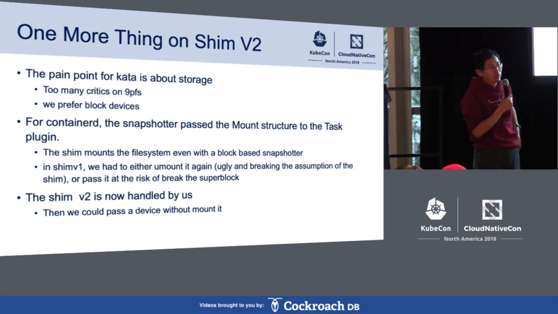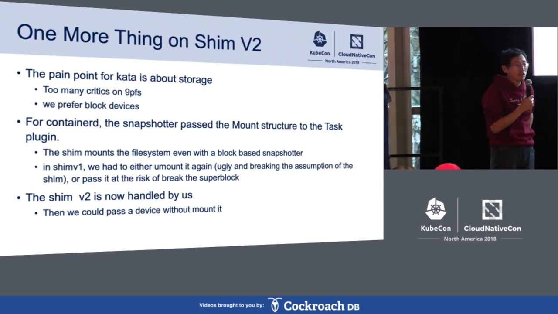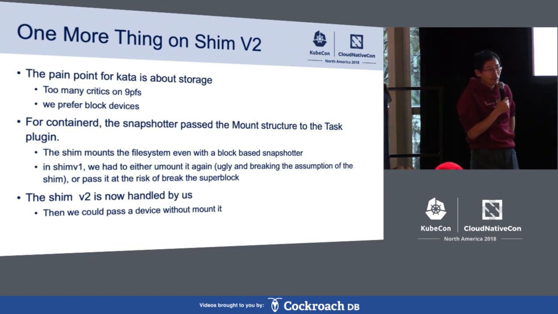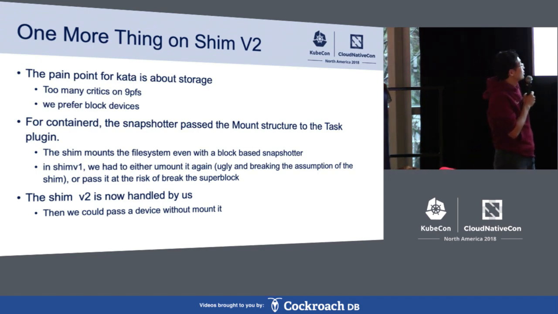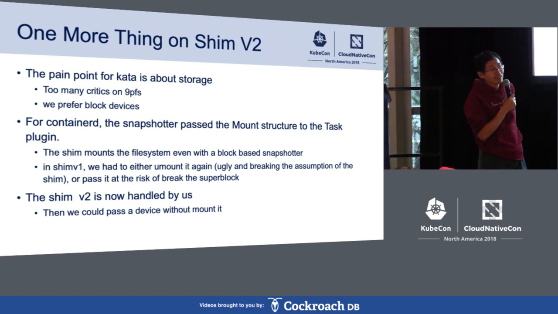Even with a block-based storage snapshotter, you have to accept the file systems, and you have some choices. The first one is you use 9p to pass it into the guest. The second one is that the shim mounts it and the runtime unmounts it and passes it to the guest.